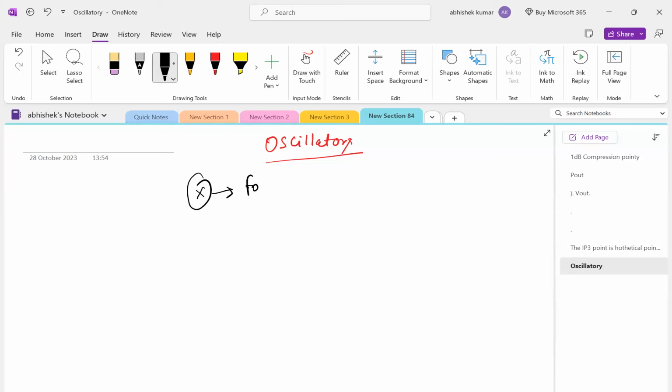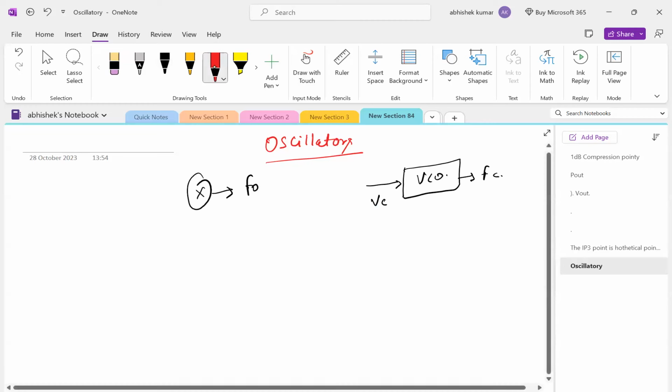But we have another oscillator that is not giving you a fixed frequency, but changes in the frequency depending upon your input. We have the VCO, and depending upon voltages its frequency is getting changed, so that is the voltage control oscillator.